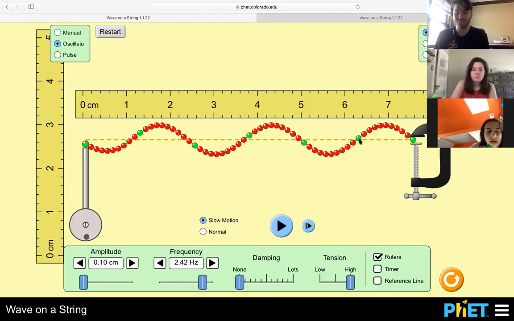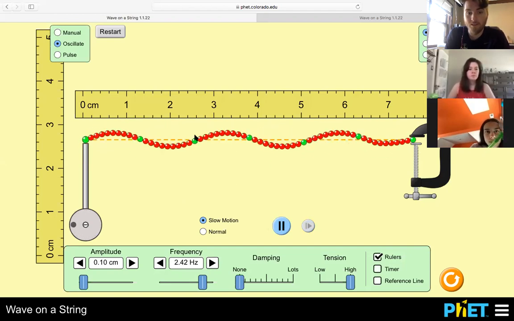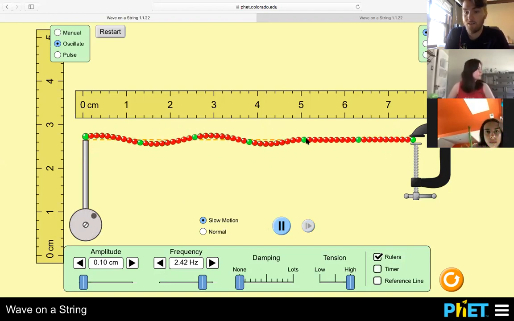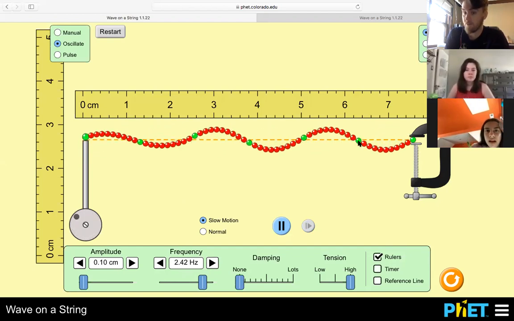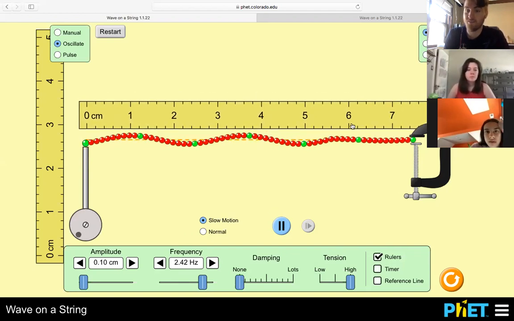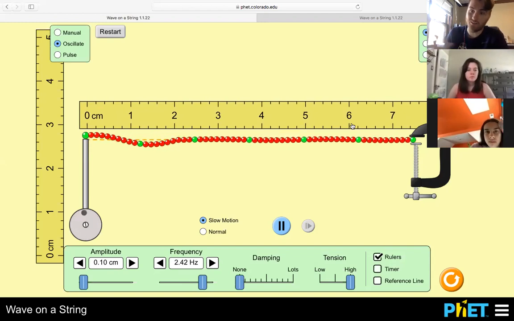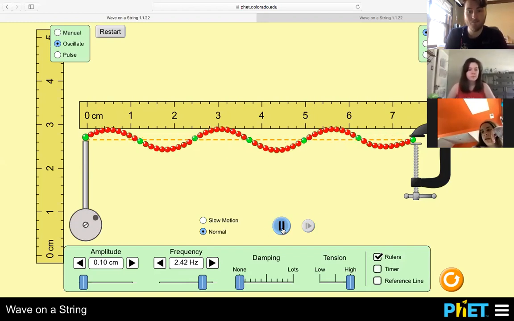Oh, are the nodes the little green ones? No. Nodes are points on the equilibrium that don't move. So again, if I press start, you notice that there are points here in between the two ends that appear like they're not moving. It's not necessarily even the green ones. The green ones are meant to be a certain distance away from each other, and it's always going to have the green ones.